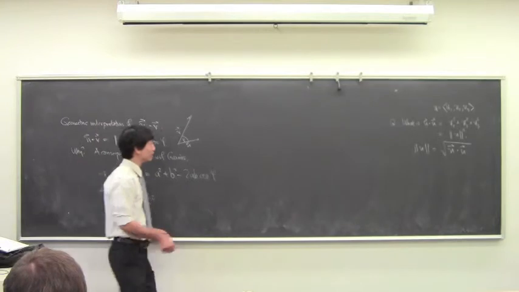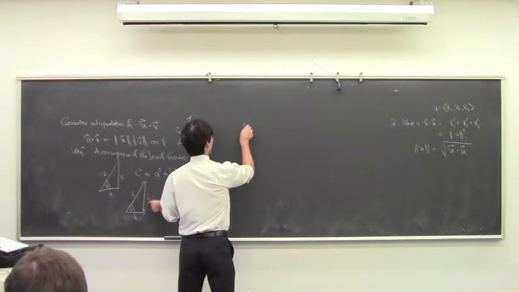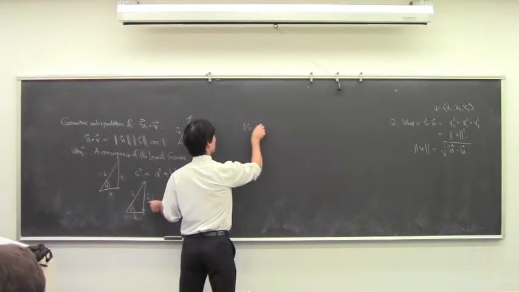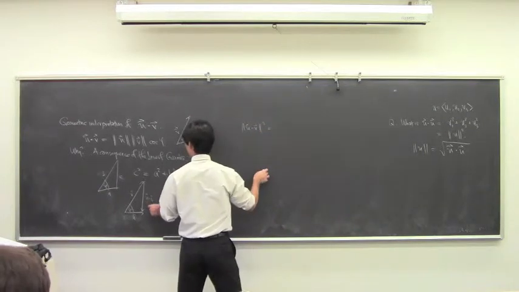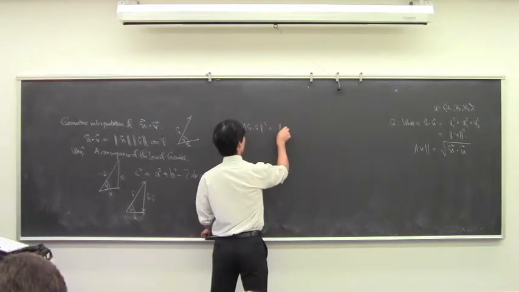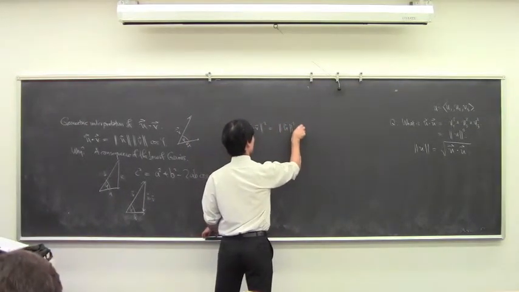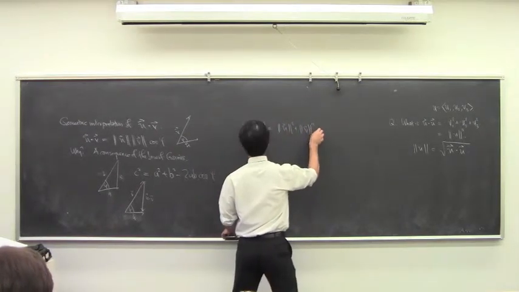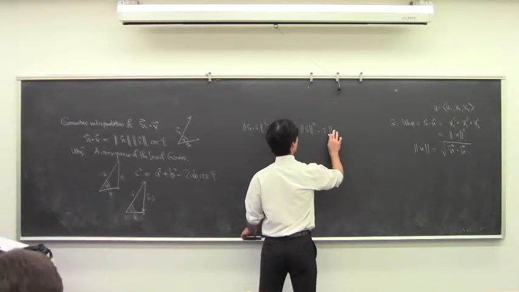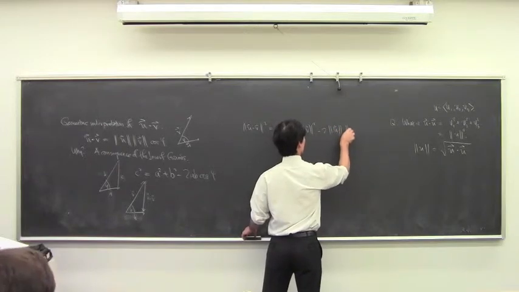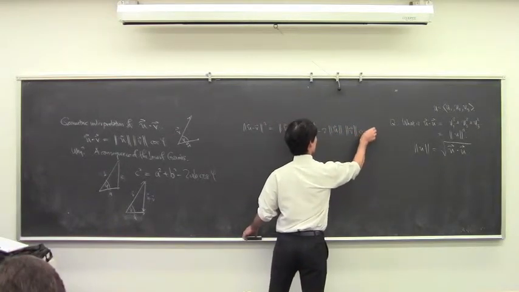It says the length squared equals this squared plus this squared minus 2AB cosine phi.